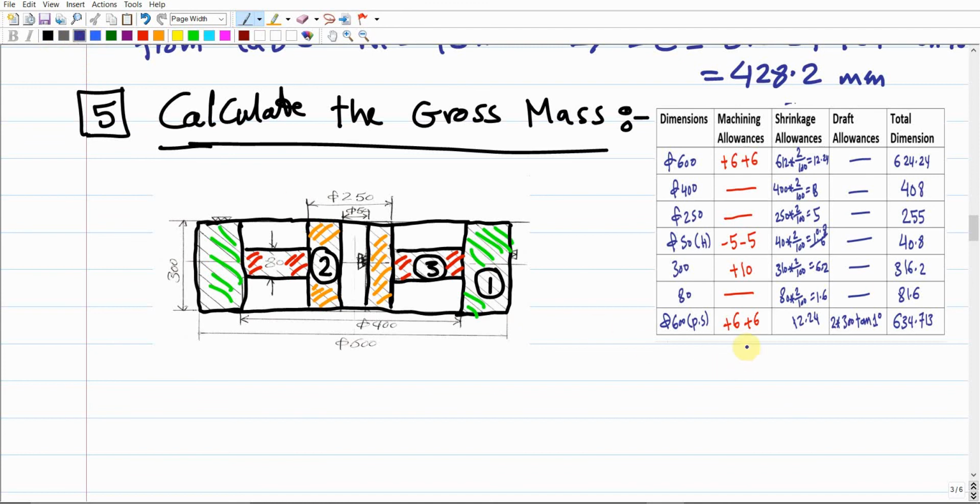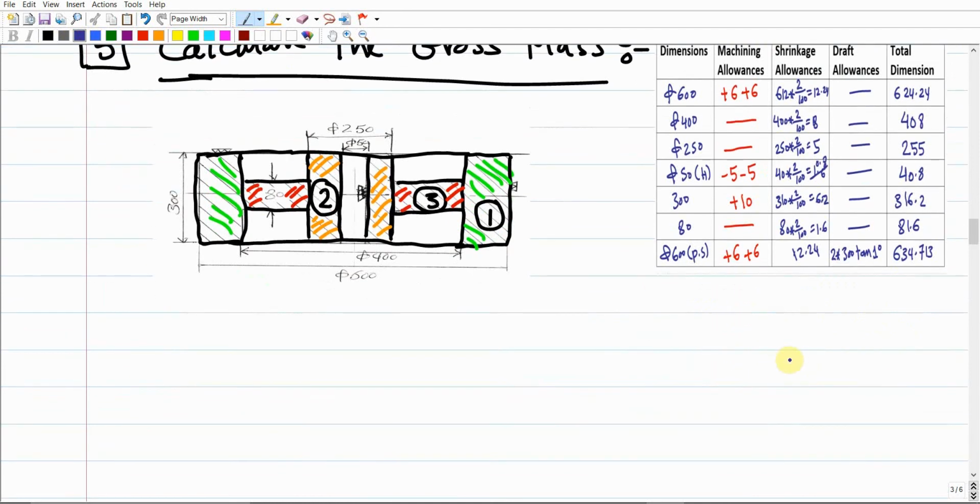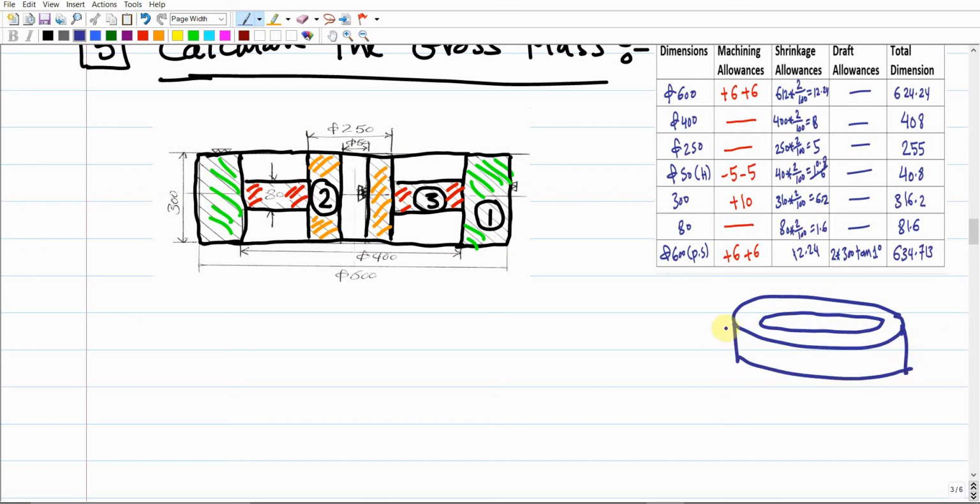In the beginning, we break it down into simple shapes. For example, volume 1 should be like a ring. The ring has a height of 300 millimeter. In addition, it has two diameters, an external diameter of 600 millimeter, and the internal diameter is already given as 400 millimeter.